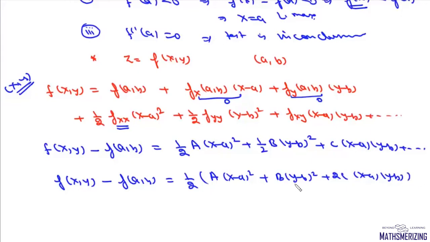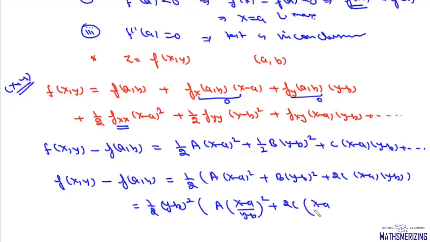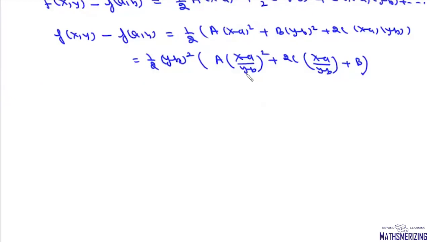Now here what we'll also do is we'll take (y minus b) square common from this bracket. So we'll write 1 by 2 (y minus b) square times [a ((x minus a) upon (y minus b)) square plus 2c ((x minus a) upon (y minus b)) plus b], which is a quadratic equation in (x minus a) upon (y minus b).